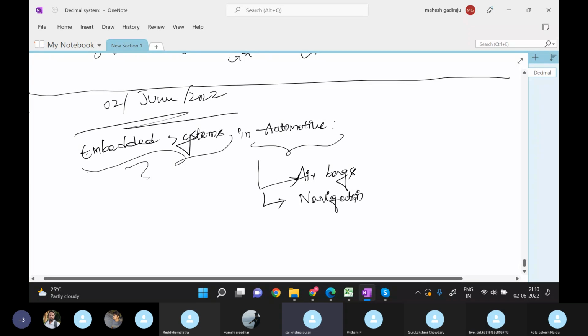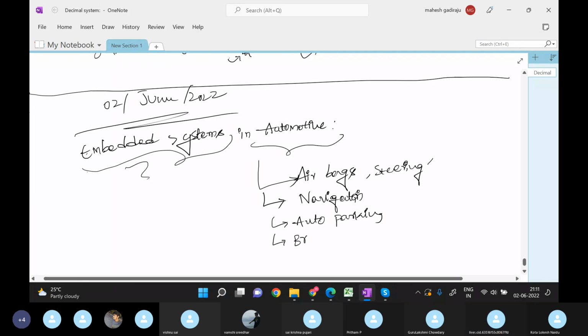Automatic parking. Someone said steering. In which cases will you be using it? Steering in ACC that you mentioned, adaptive cruise control. Braking system.